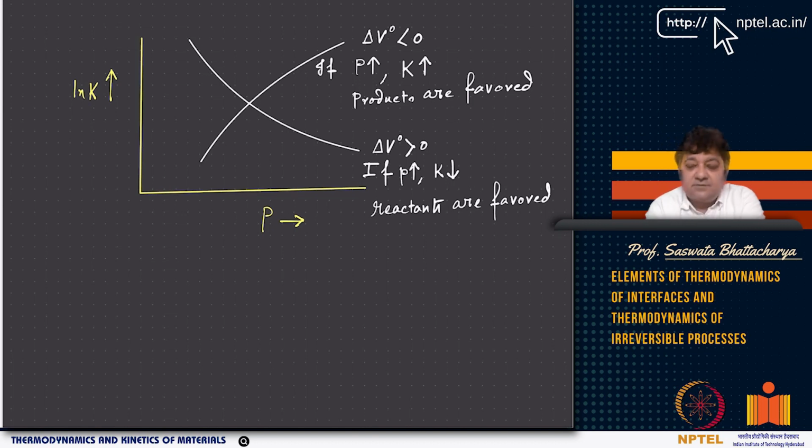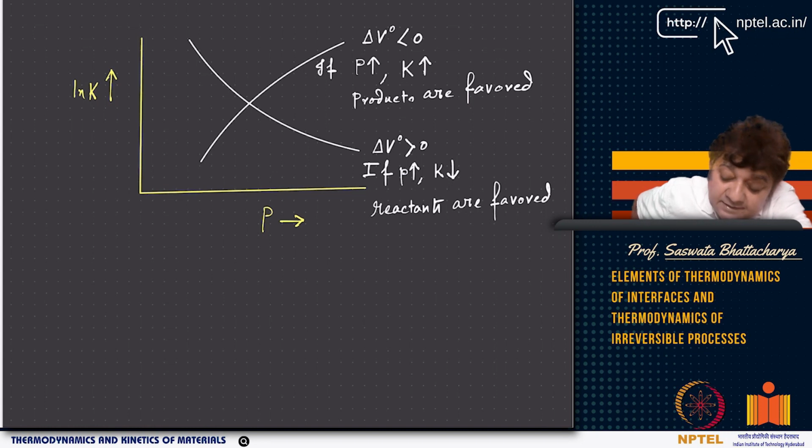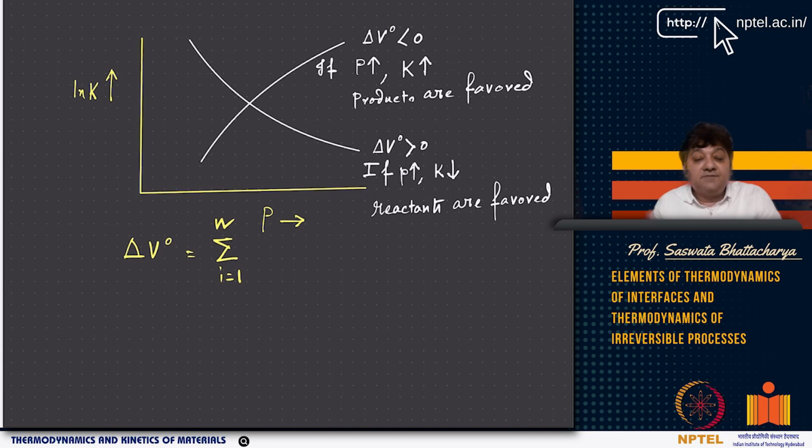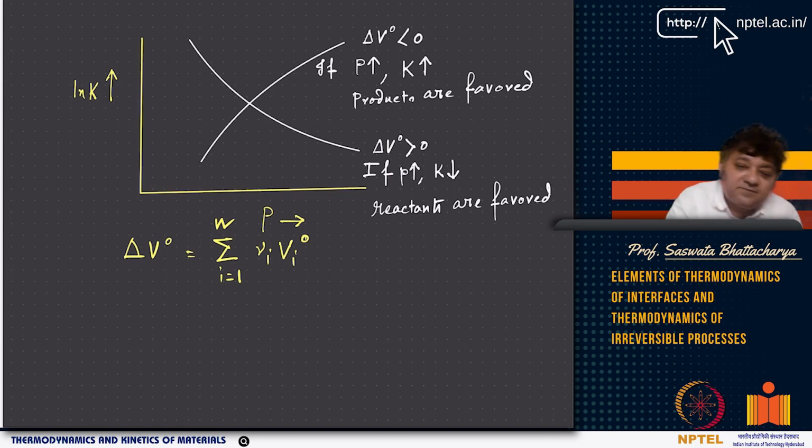However, when ΔV0 is greater than 0, note that ΔV0 is the V0 of products minus the V0 of reactants. As I showed you, ΔV0 equals the summation, i equal to 1 to n, of nu i Vi0, where nu i is positive for products.